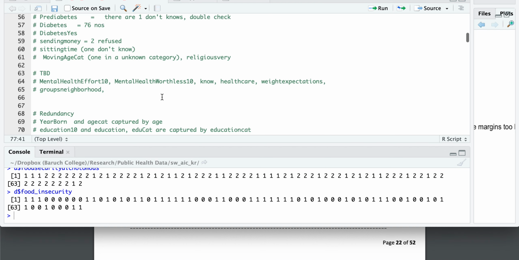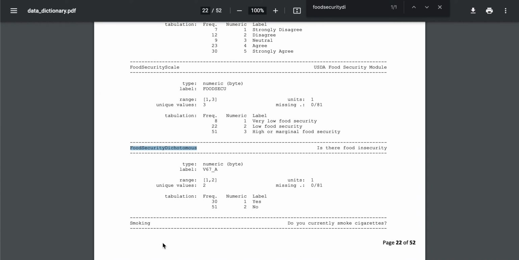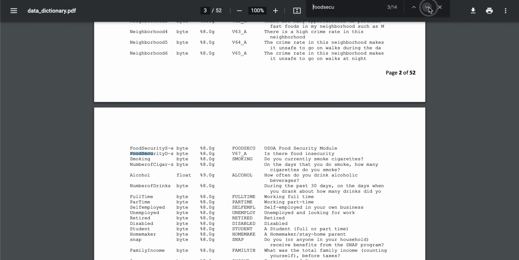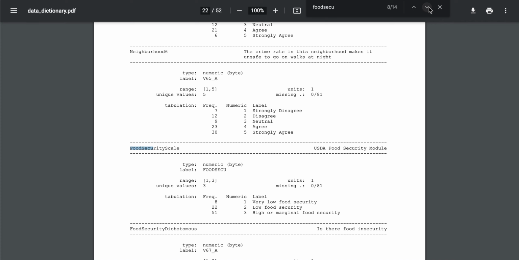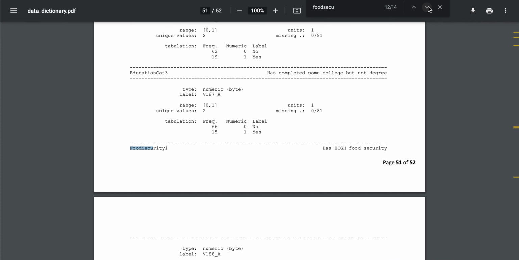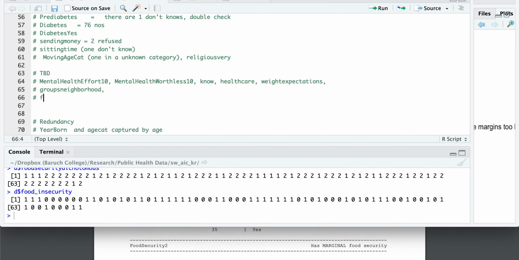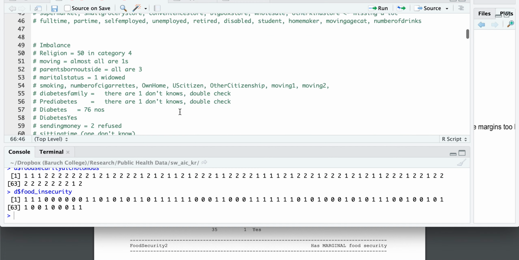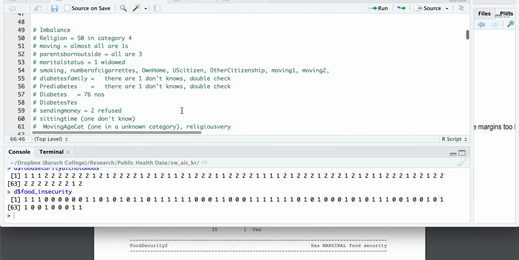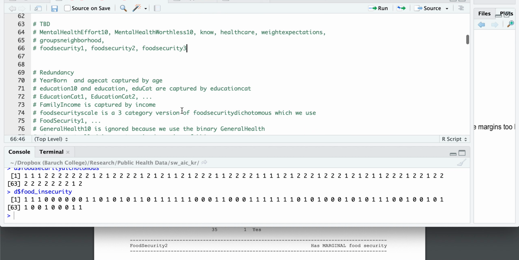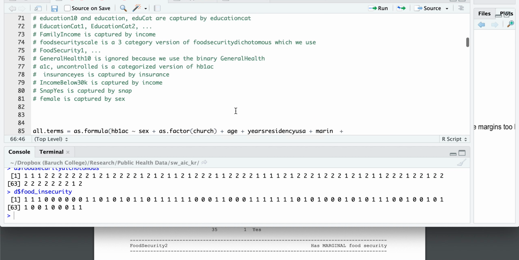To be discussed. 1, 2, 3, okay, and then which one do we use?